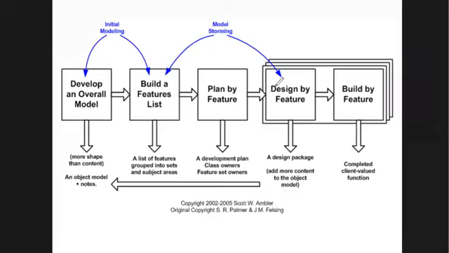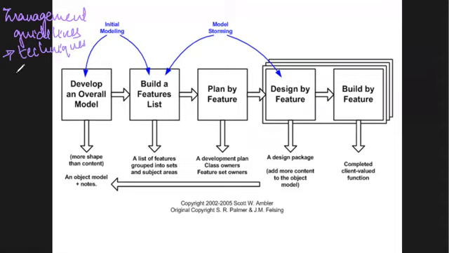Here you're going to give more emphasis upon the different management guidelines, and focus on the different techniques that are there to model a particular feature. The first activity is develop an overall model.